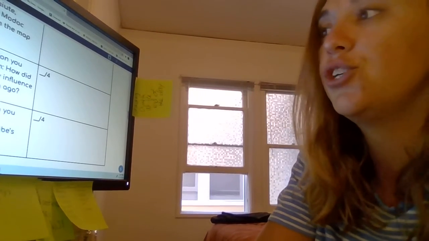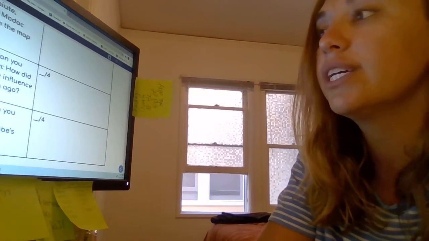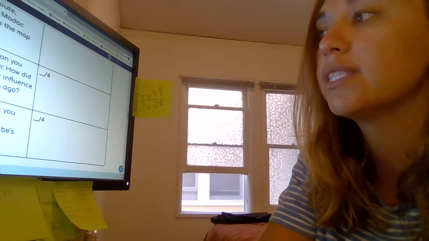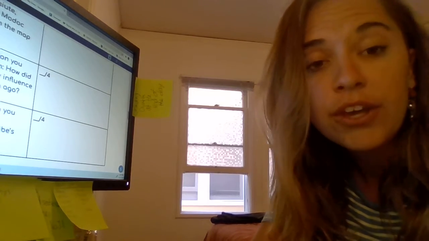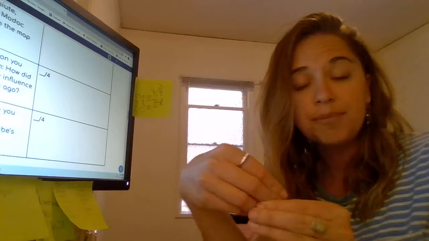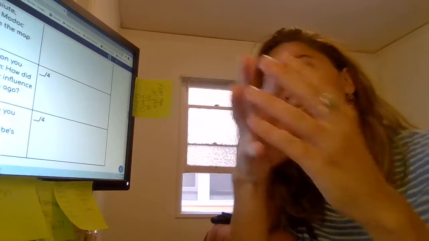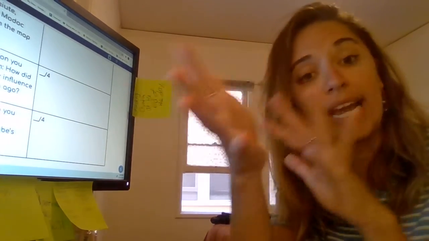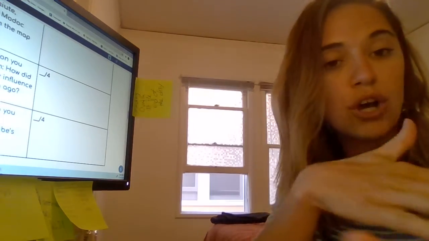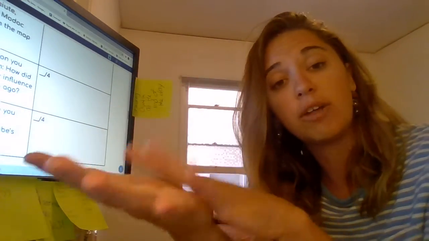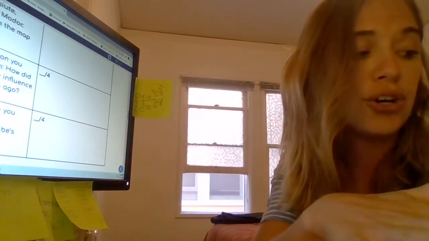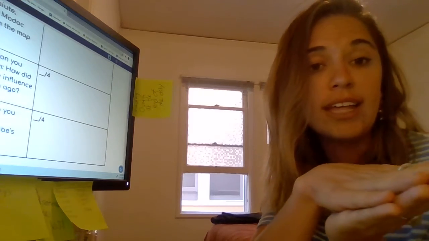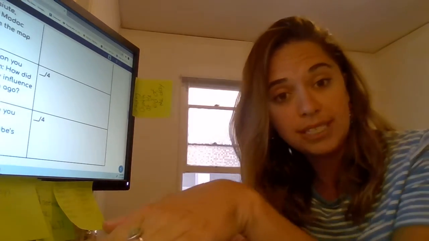During the presentation, you answer the question, how did California's geography influence the lives of people long ago? Now, when we're talking about geography, as we talked about in class, geography is how the land is. So the geography could have mountains, it could be in the Central Valley, could be desert.